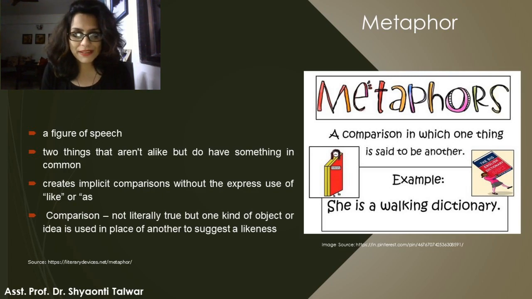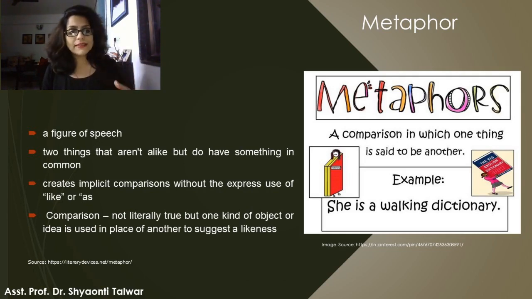For example, if we say she is as beautiful as a rose, it is simile because we are using the word as to make a direct comparison between the rose and the girl in question.